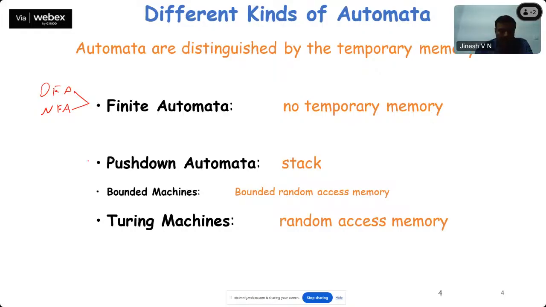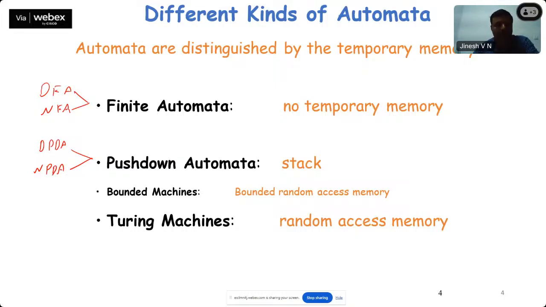Next we have another type of automata, that is pushdown automata. There we have an extra memory, that is the stack. Again, there will be deterministic pushdown automata as well as non-deterministic pushdown automata.